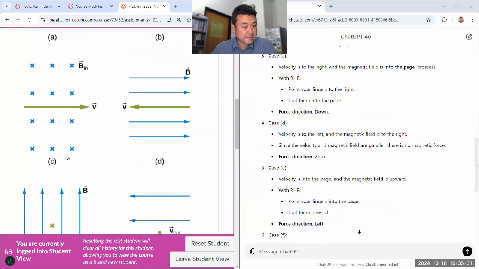Let's see. Case C, so V cross, that's into the page. Yeah, V cross. See, so force should be upward. See, down. I think it gets into and out of page confused. So the trick here is that on the page here, it looks like arrows going into the page.